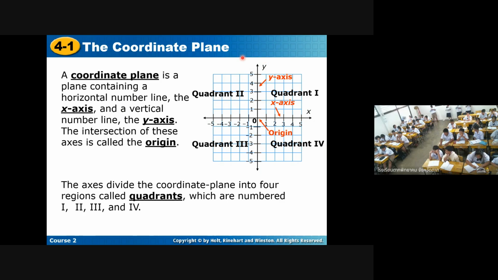Now, everyone, I want you to copy this. Again, you don't need to copy all of this. Only this part, because these are the important parts.